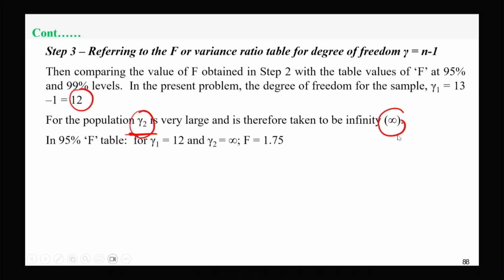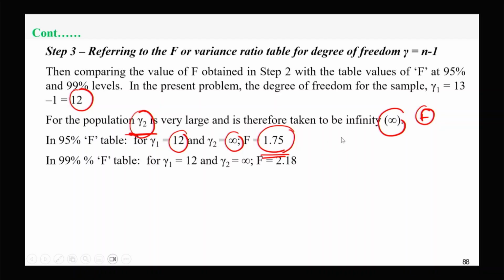So we are referring to the F table. As per the F table, the value with 12 against infinite is coming 1.75, and at 99% level it is 2.18.